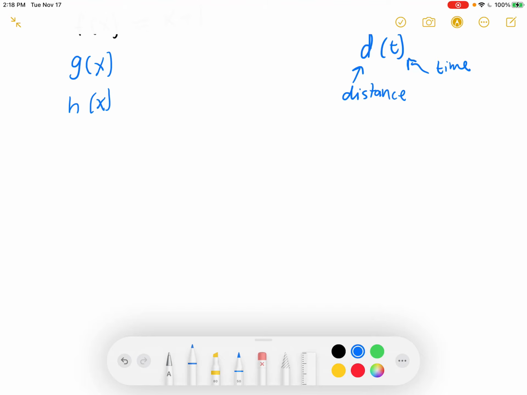A very common problem you'll see in function notation is they'll give you a function, something like, let's do a little bit more of a complicated one. We'll go h of x is x plus 1 over x minus 2. And then they'll tell you to find h of 10. I kind of just made up this problem. I pulled it out of a hat. It'd be the same as seeing it on a worksheet.